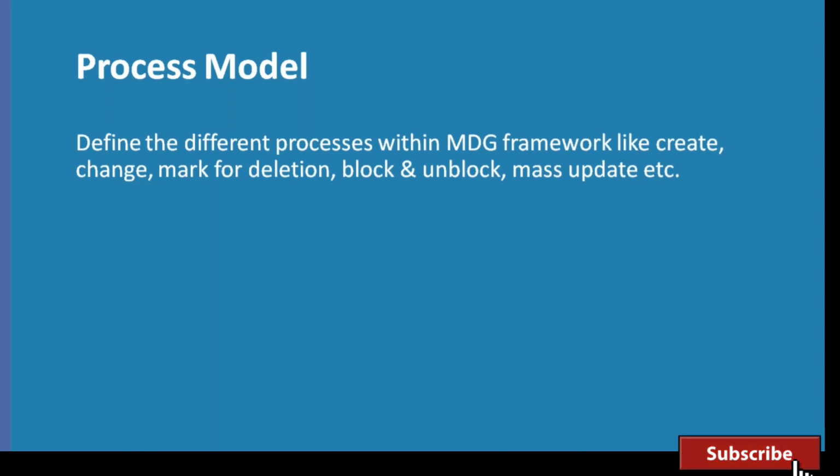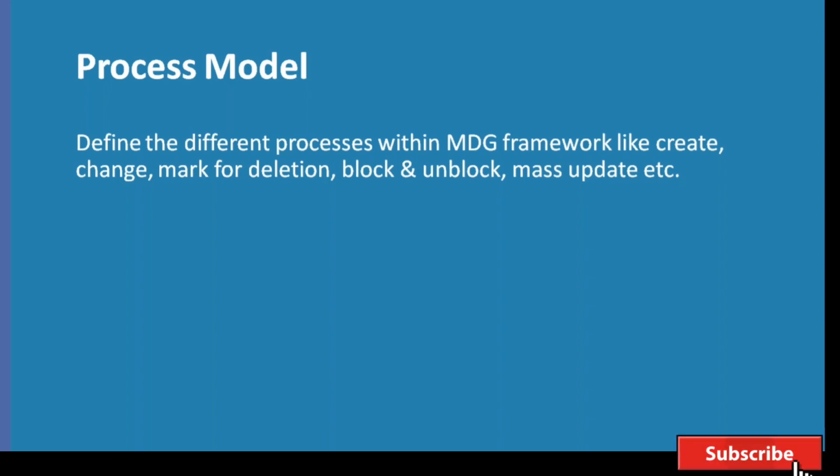You want to mark them altogether, whatever vendors you have, like 10, 15, 20, whatever the number, more than one vendor at least. Then you can do it through the mass update. So that's the main purpose of having the process model.